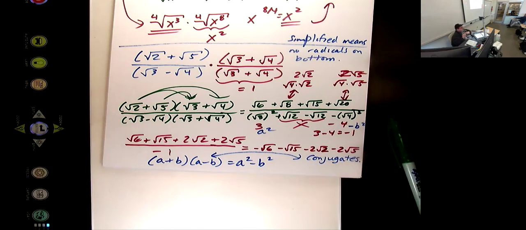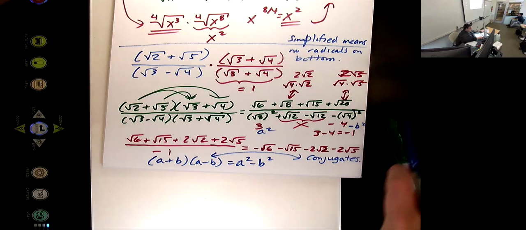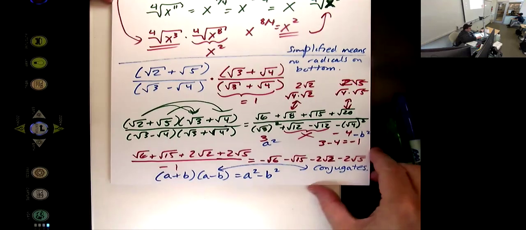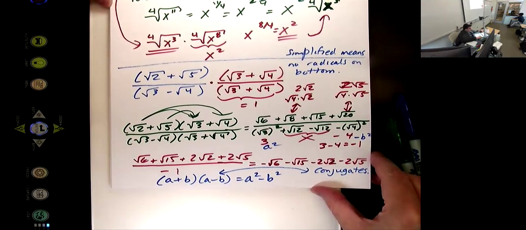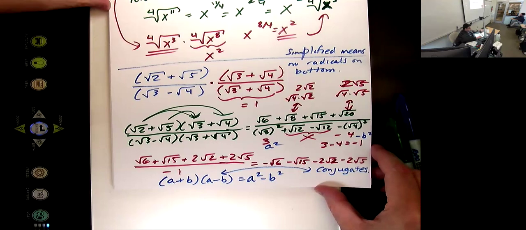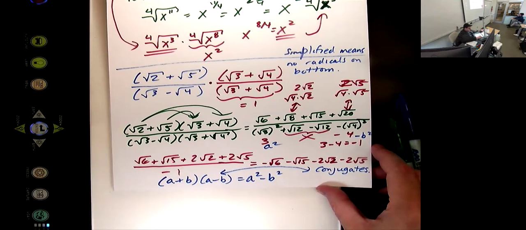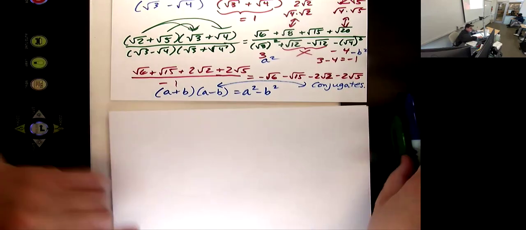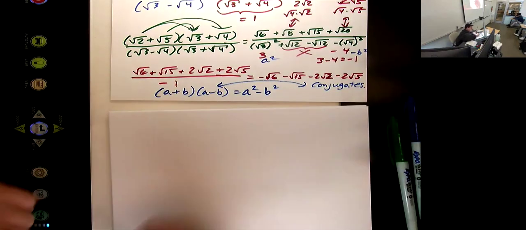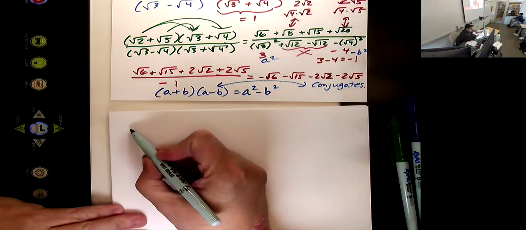We're gonna use that phrase again a little bit. Conjugates just means you switch the sign of one of them. And when you multiply them together, they clean up the ugly stuff. They're like a good coat of paint. Alright, so let's come up with one that I can give you guys to stumble your way through.